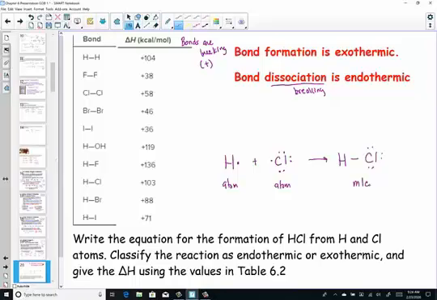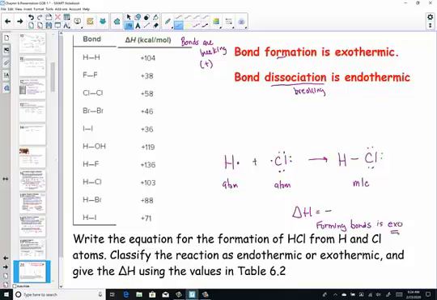Now, did we form a bond or break a bond? Well, clearly we see a formation of a bond. So delta H is going to be negative because we made a bond. And I know exothermic is always negative.